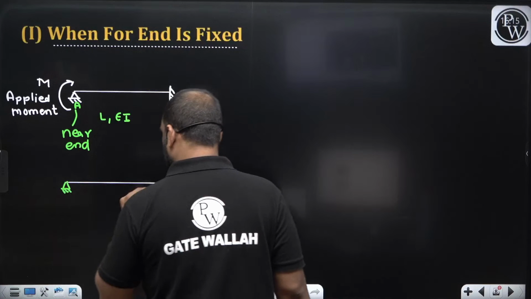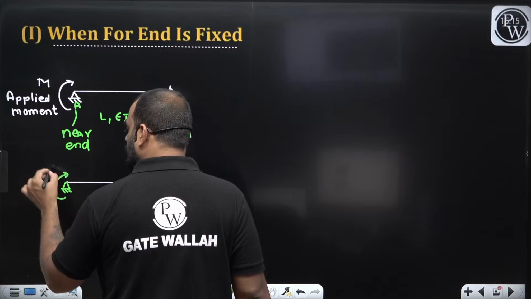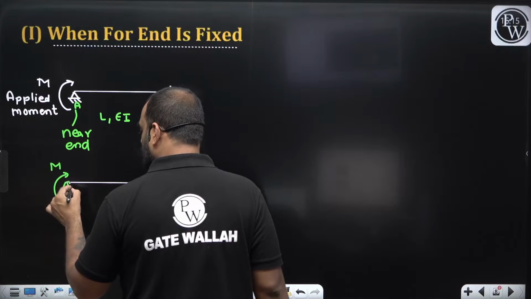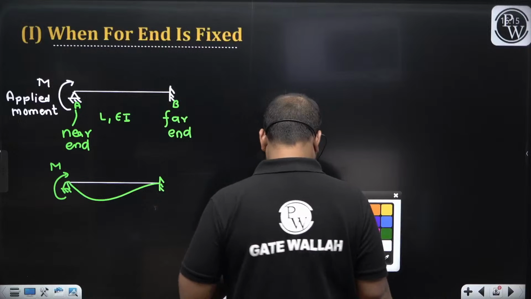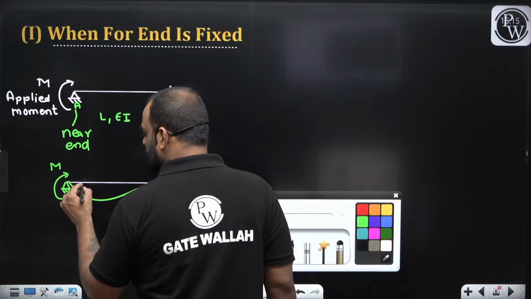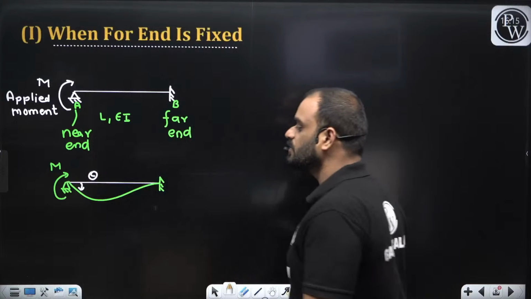This is hinge, this one is fixed. Now we are trying to apply some external moment M, and this is our deflected shape of the structure. Clear? Now you know that, guys, at this particular end theta is possible.